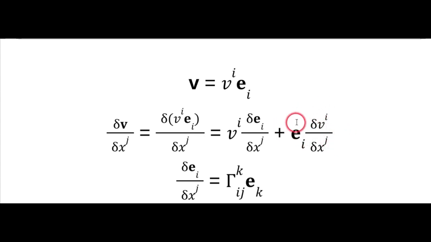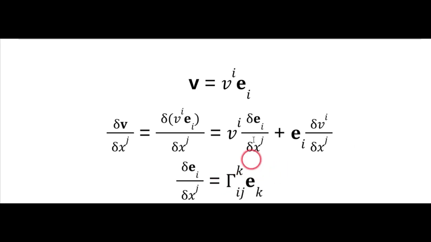This is what you usually see in vector calculus, where you're dealing primarily in Cartesian coordinates, and this is the directional derivative. But here you've got this extra term. This is the derivative of a vector, and the derivative of a vector is a vector, so we can express that also as a linear combination of its components and basis vectors.